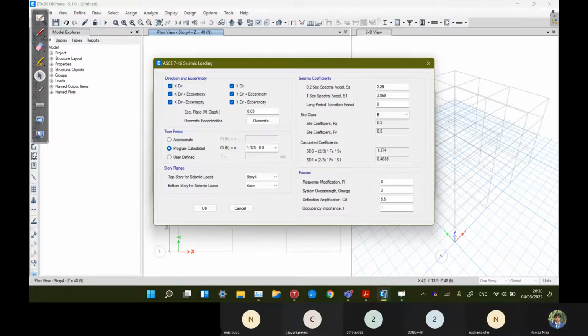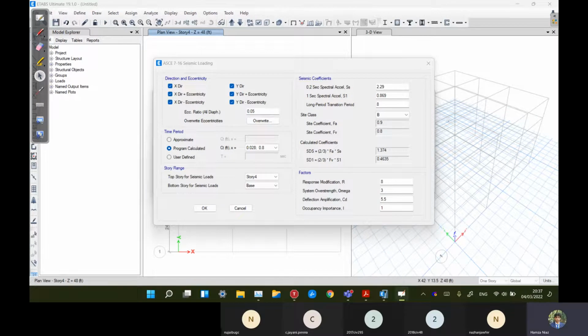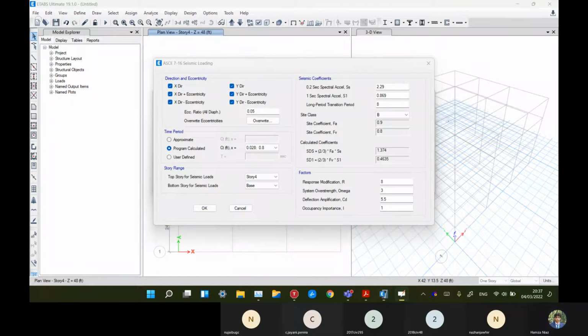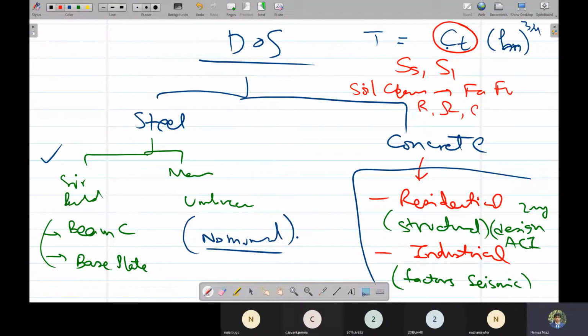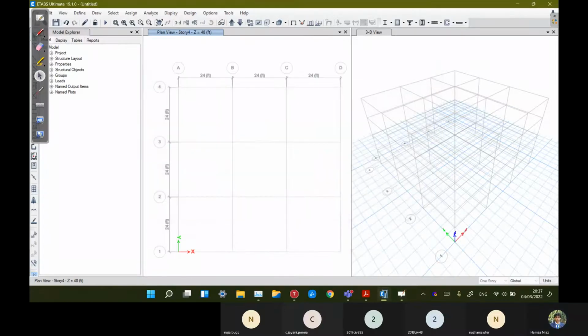If we write the soil class, it will automatically select Fa and Fv. Furthermore, SDS and SD1 will automatically be selected, then R, omega, Cd and I. We have to remember at least the names of these: Ct, Ss, S1, soil classification, Fa and Fv, and R, omega, Cd and I. These factors are required for seismic design. We checked a past paper, and these were asked.